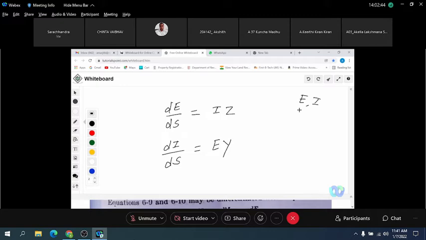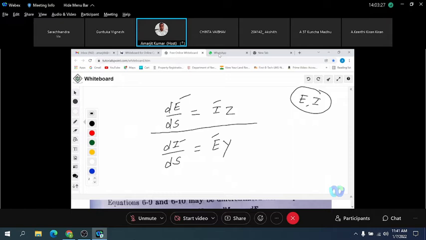So how to calculate using these two coupled differential equations? Voltage and current, they are coupled. So how to calculate E and I? What is your suggestion? Yes, Vignesh, how to calculate?